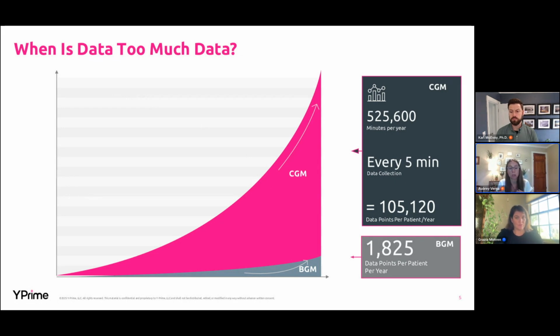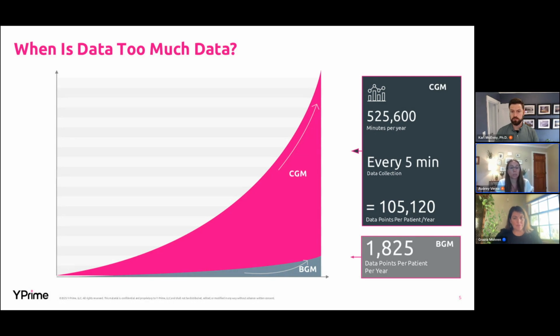We need to make sure that our data views allow us to really be able to understand this data that's coming in, analyze this data that's coming in, so that those clinical decisions can be made. So, CGM is going to require expertise in large data sets and the technology to support those large data sets. And it's just something you need to consider when you're looking to implement CGM specifically.